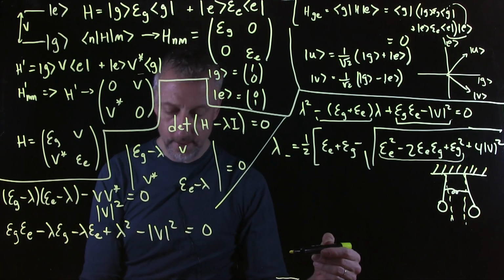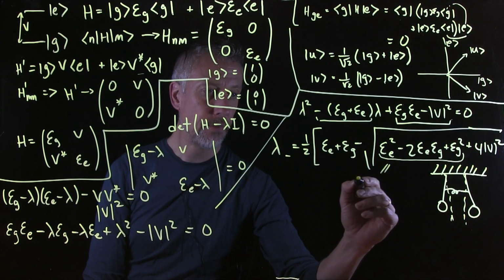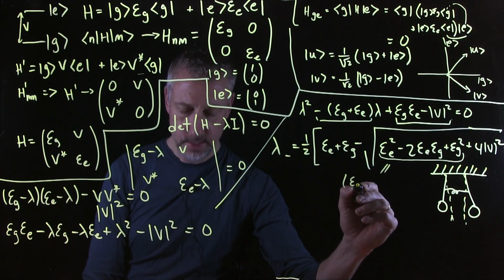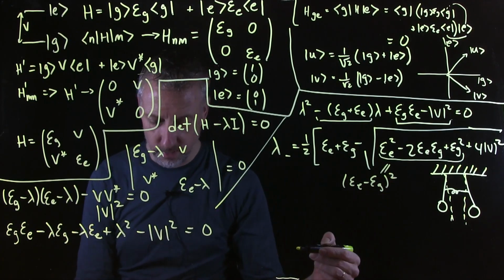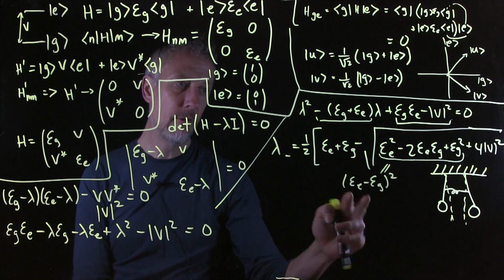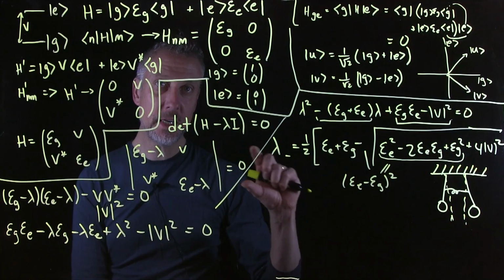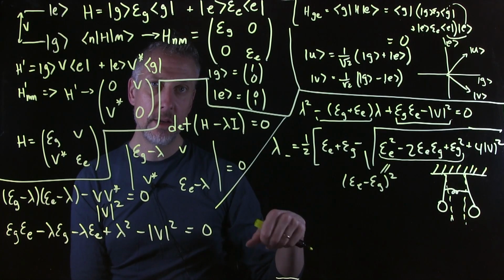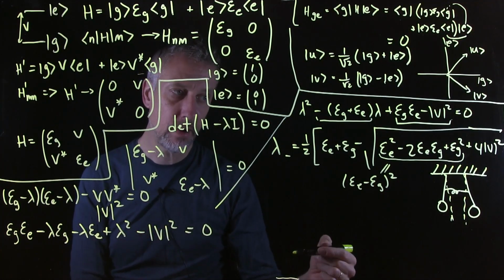Okay, so when we summarize this, this term here can be rewritten as a square of a difference of two things. So this is equal to epsilon e minus epsilon g squared. Of course, you could switch the order of these if you like. I write it this way because it's common to quote the energy gap between the two states. And usually we like energy gap to be the greater one minus the smaller one, so you get a positive number.